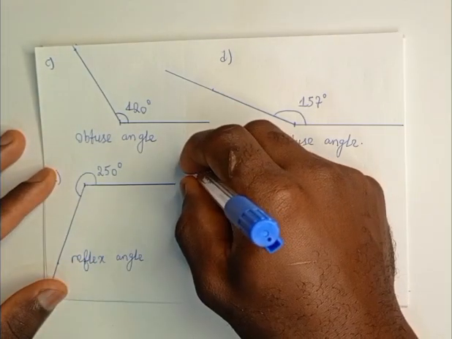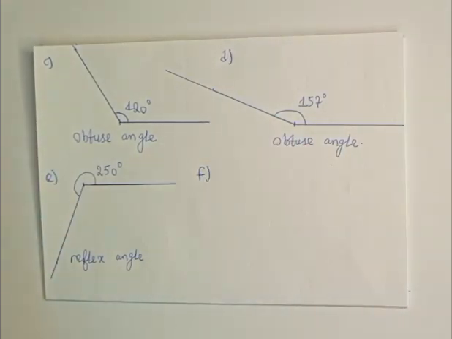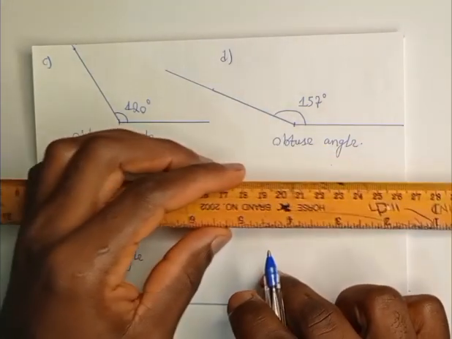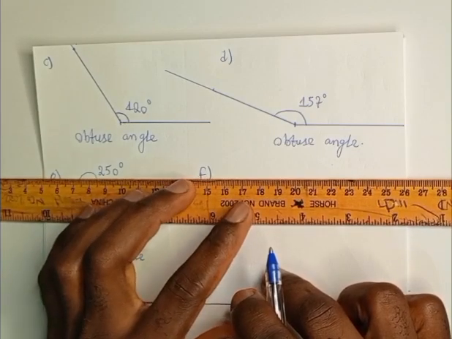We go now to F. For F, we have to draw the angle 300 degrees. Using our ruler, we draw the initial line.